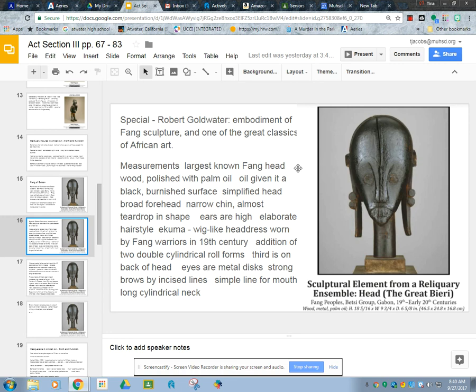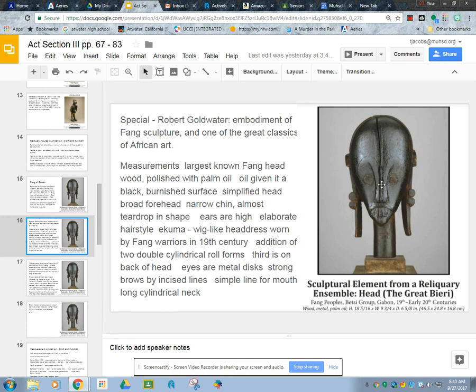and it had an elaborate hairstyle, a wig-like headdress called an ikuma, the same that would be worn by Fang warriors in the 19th century. In addition, it has these two cylindrical roll forms, and a third one on the back of the head.